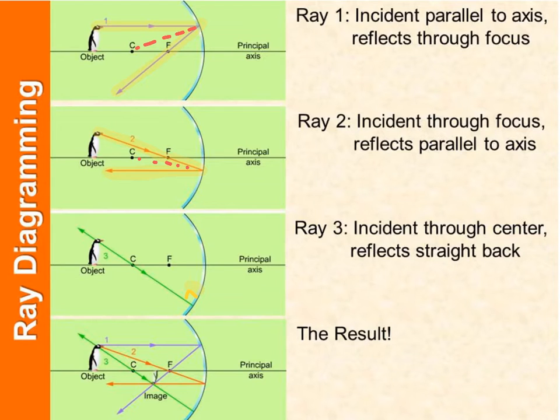Therefore, a ray that passes through the center of a mirror comes right back the way it came. This is not unlike the idea that a ray passing through the center of the lens does not bend. We take our three rays and we combine them together and we can locate our penguin. We'll practice rules for diverging mirrors or convex mirrors tomorrow in class, but the principles are the same.